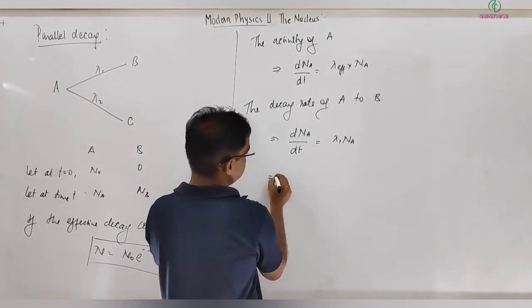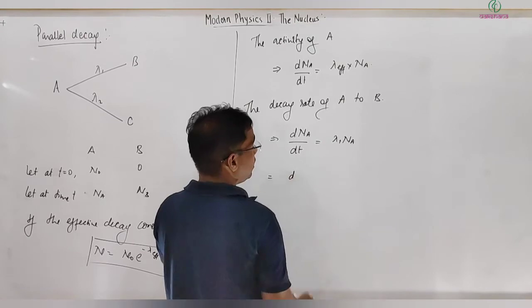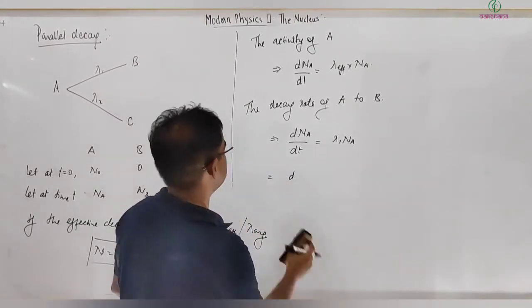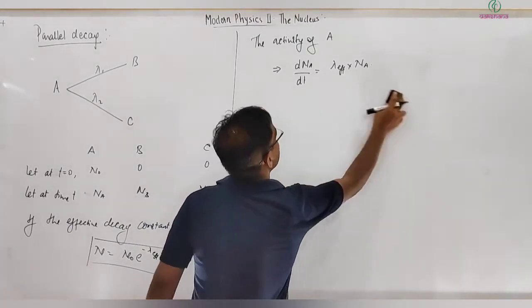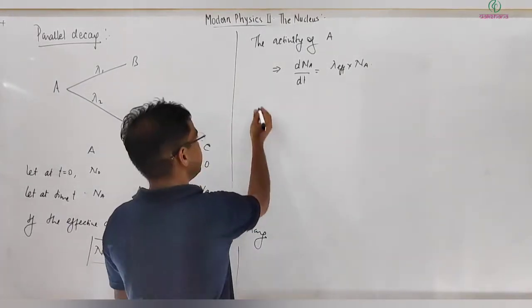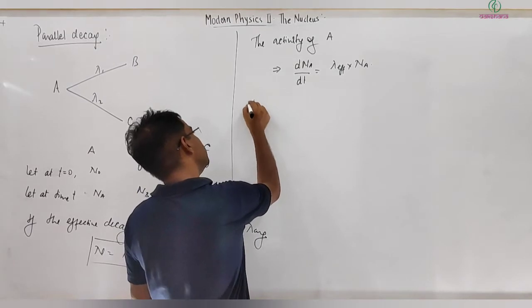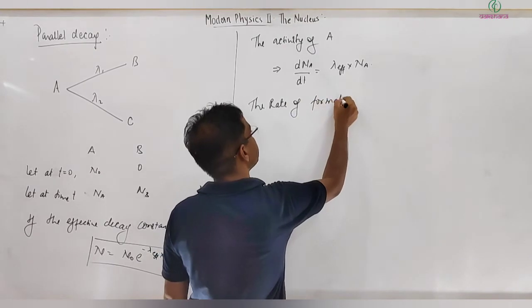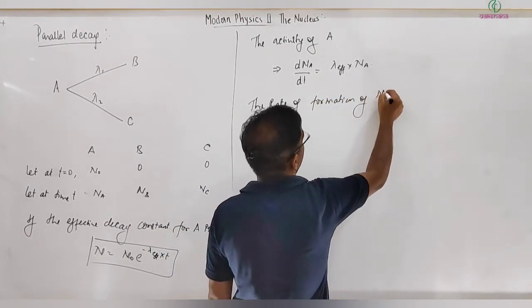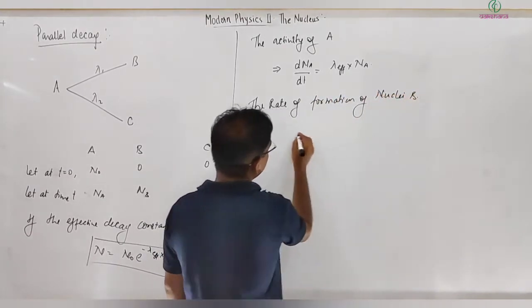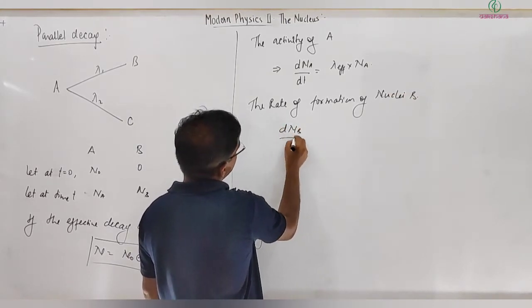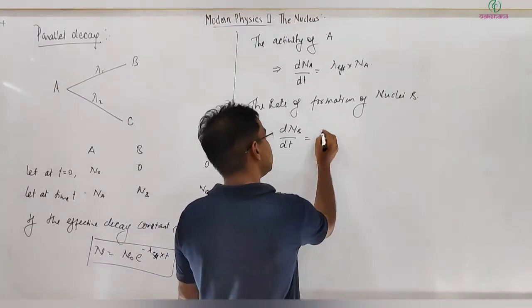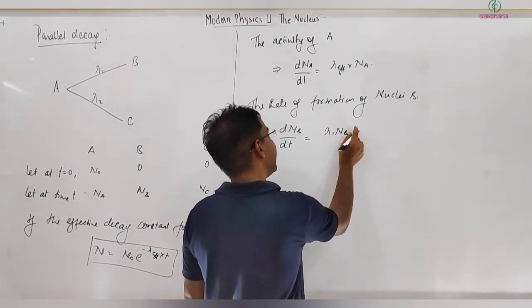Similarly, the rate of formation of nuclei B, I can write dNB by dt, this is equal to lambda 1 into NB.